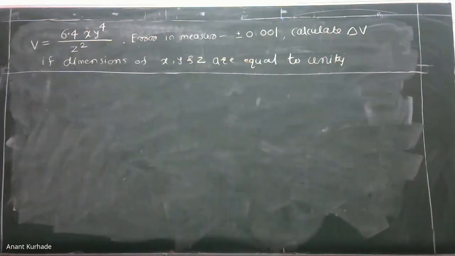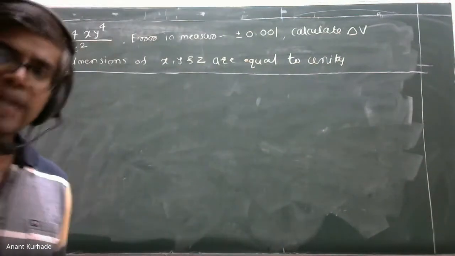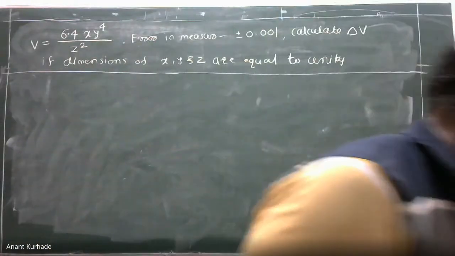Now what is the value of x, y, z? Tell me. 1, 1, 1. And delta x, delta y, delta z is 0.001. Try to solve right now and tell me the answer. It's simple.